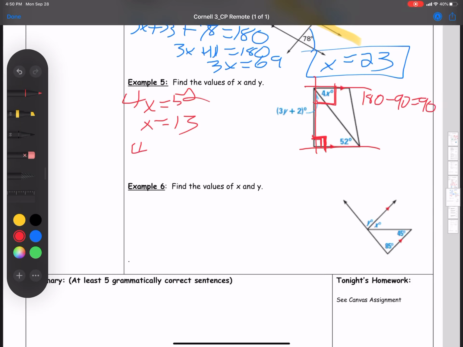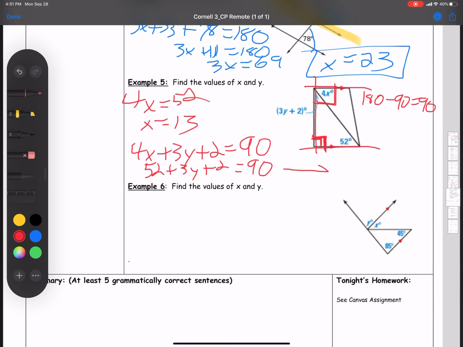So the 4x and the 3y plus 2 has to equal 90. Well, we just figured out x in the last part of the problem, when we figured out x using alternate interior angles. We said x is 13, so I can plug it in and multiply it by 4. And you would get 52 plus 3y plus 2 equals 90. Again, I just substituted x because in the last part, I figured out what x was.